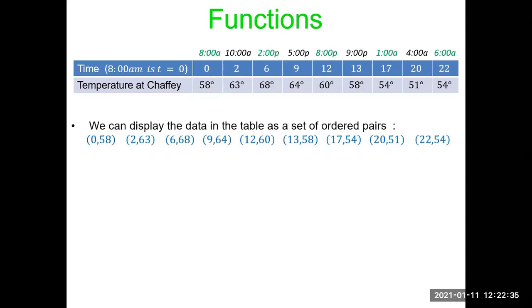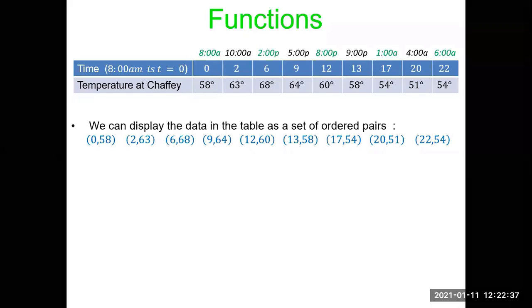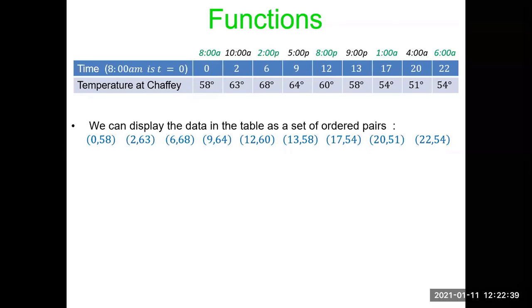So first of all, we could display the data from the table in a set of ordered pairs, where the input or the time is referred to by an x coordinate or the first component, while the temperature is our y or our second component. So this could be listed now as another representation of a function.